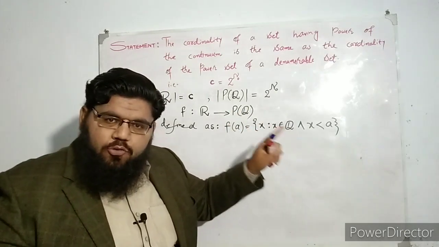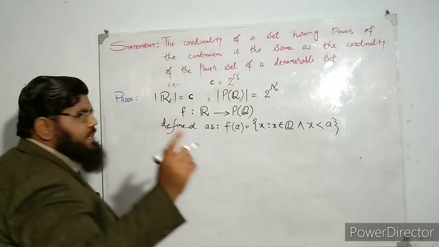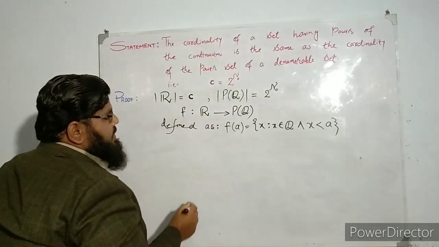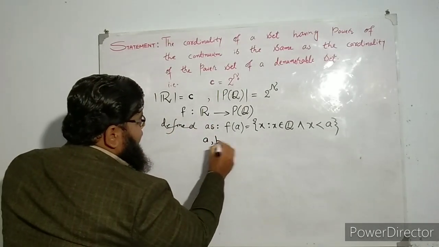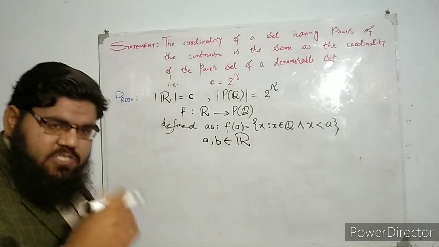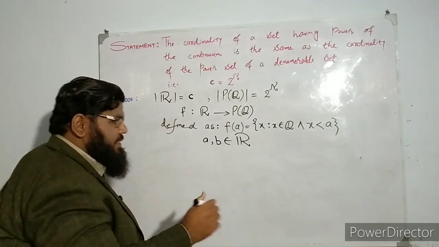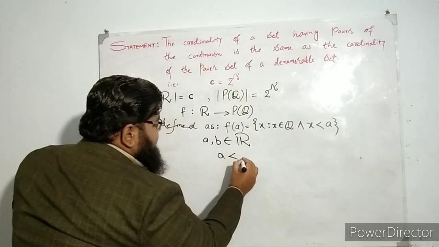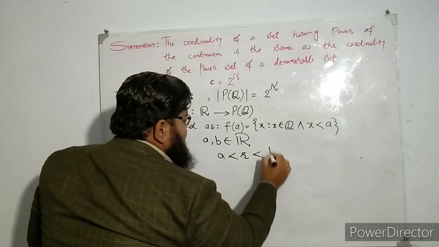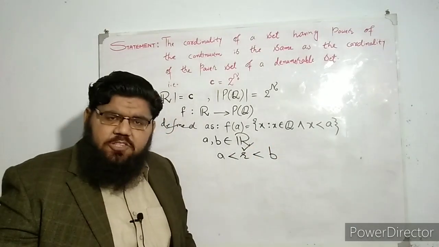Now I'm going to use the density theorem. How? If you take any two real numbers from this set, I call them a and b. By the density theorem, there will exist a rational between them, a is less than r is less than b, where r is a rational number.